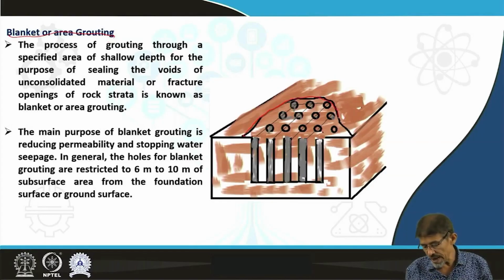So any area that is defective in nature, suppose this area is defective, we are going to create a number of holes in a specific pattern, as you can see.